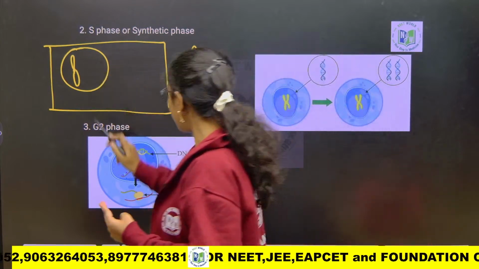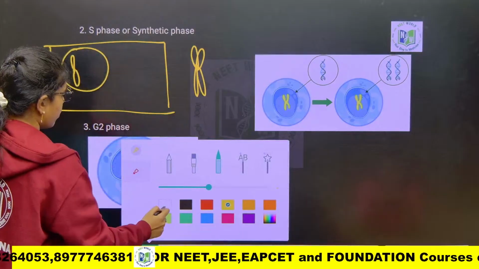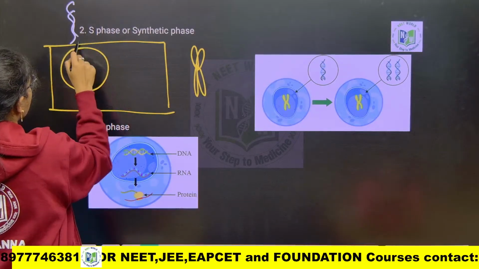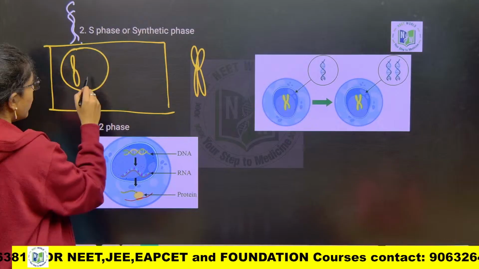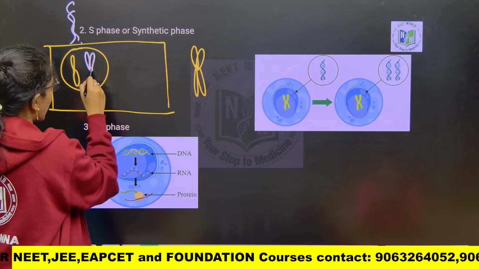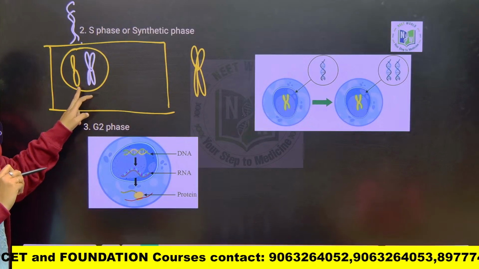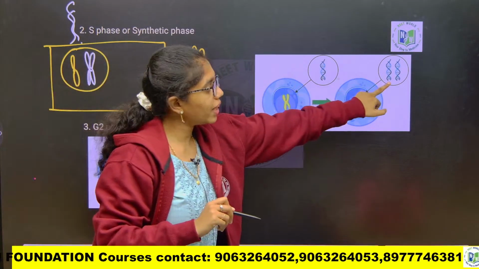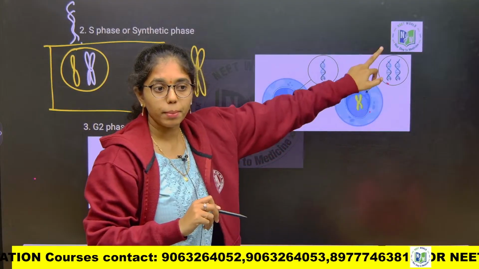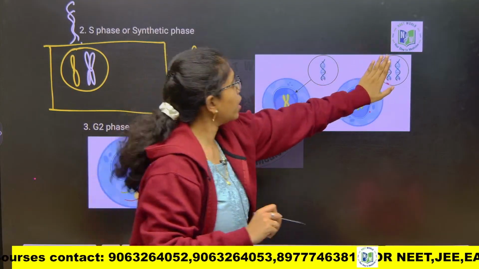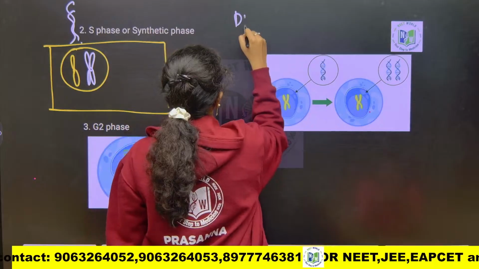If you see the DNA content, like this one chromatid, you can take this as the duplicated DNA. So here you can clearly observe that DNA duplication happens but chromosome number remains the same. Remember that point.